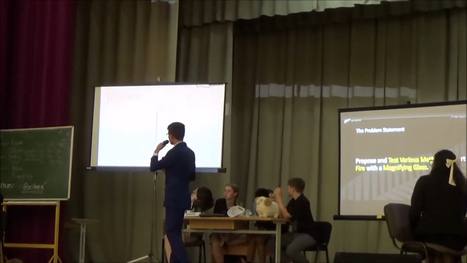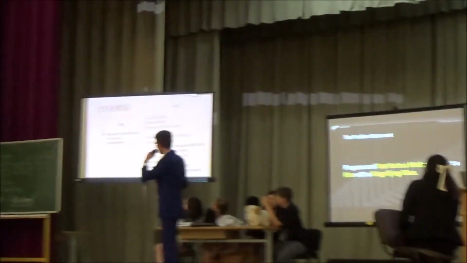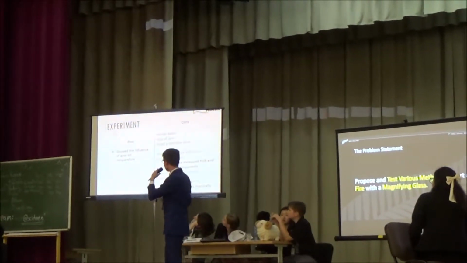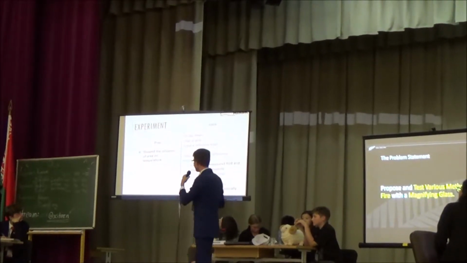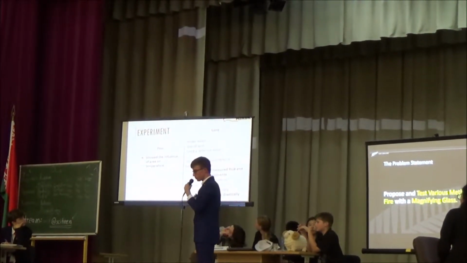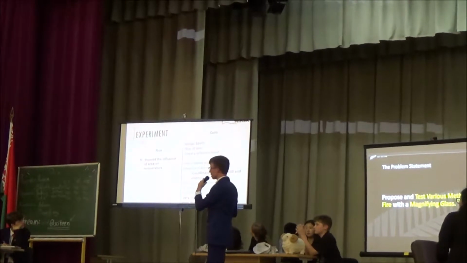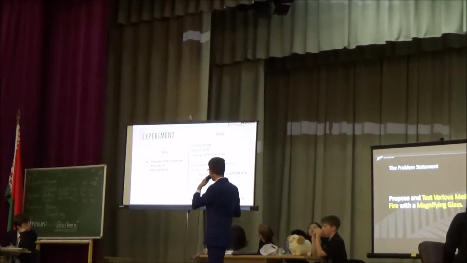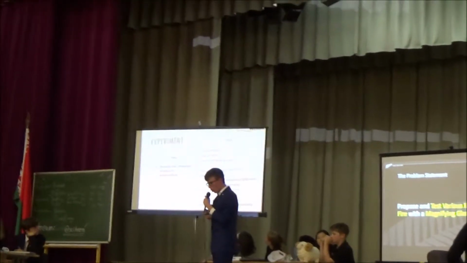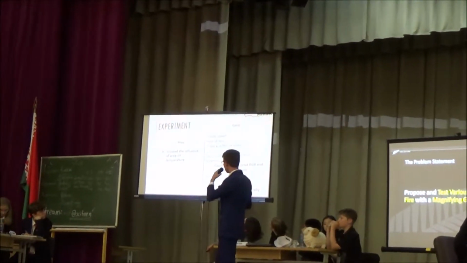So in the experiment, he showed the influence of area on the temperature. But as for the cons, he didn't really explain what the center beam was. He didn't talk a lot about the size of the lens that he used, and the fact that he used a bowl which actually reflects sunlight.